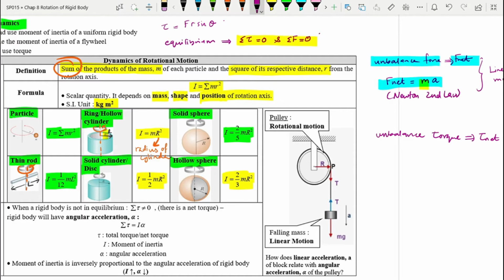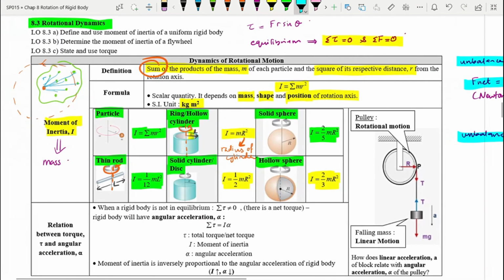Okay, so kita cerita tentang unbalanced force ya sekarang, unbalanced torque. So kita baca tentang kat bawah ni. Okay, point yang seterusnya. So apabila ada unbalanced torque, obviously kita punya summation of torque will not be zero sebab sekarang dia bukan in equilibrium. So that means there is a net torque. Okay, so the rigid body will have angular acceleration alpha.